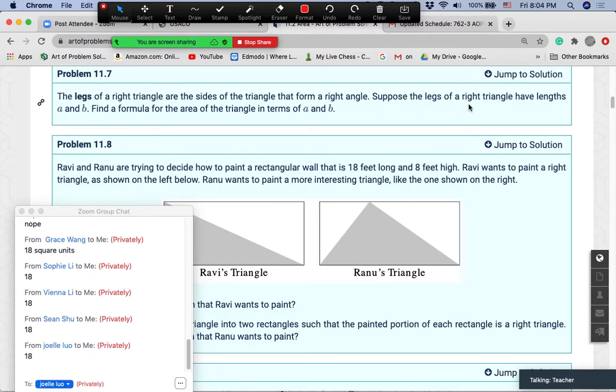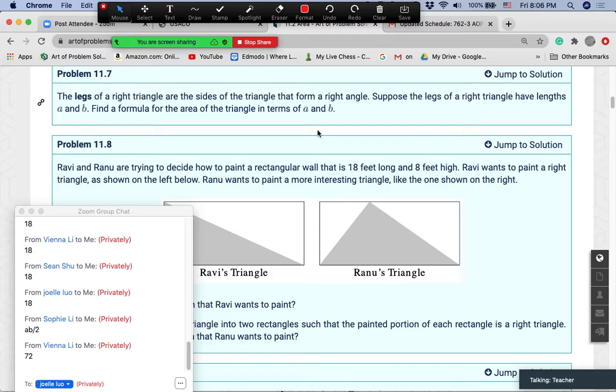Suppose the legs of a right triangle have lengths A and B. Find a formula for the area of the triangle in terms of A and B. If you got it correct, who else? If the lengths of these two legs of the right triangle are A and B, they ask you to give a formula for the area of this right triangle.